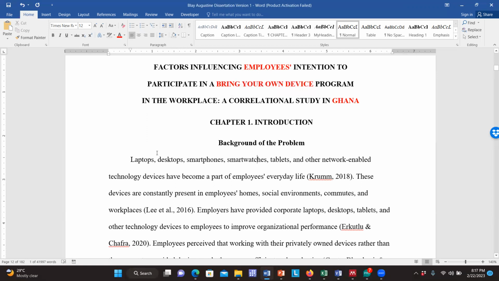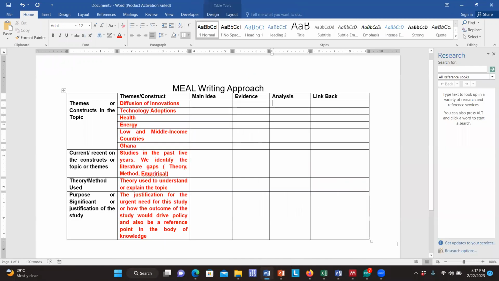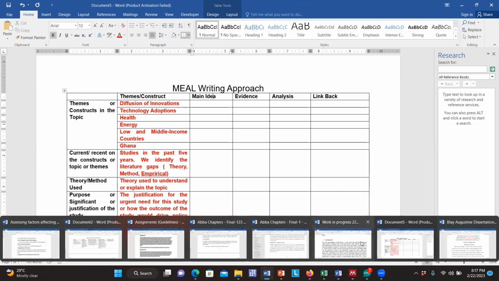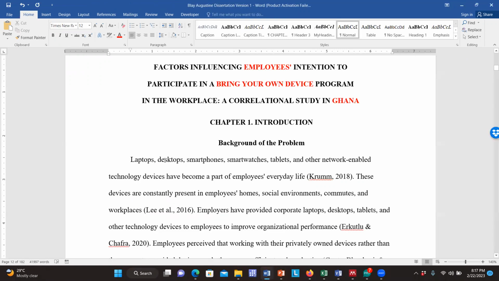So he starts by saying the main idea he is discussing. It said laptops, desktops, smartphones, tablets, and other network-enabled technology devices have become part of our everyday life. This is the main idea.